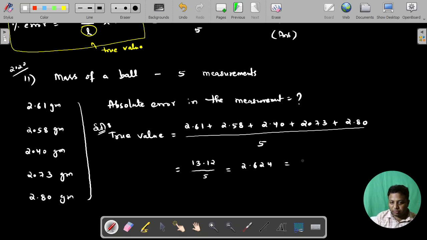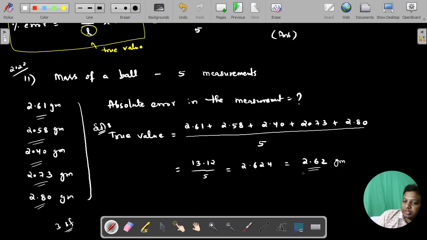So we have to write it as 2.62. Why? In every measurement given, only 3 significant figures are there, so whatever values we get should also be limited to 3 significant figures. The true value comes out as 2.62 grams.